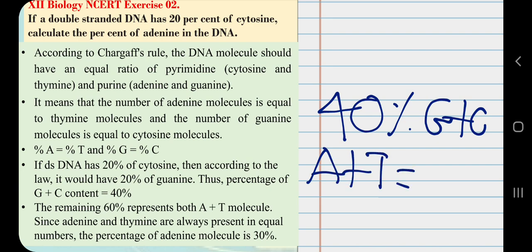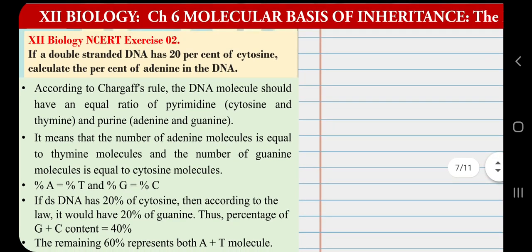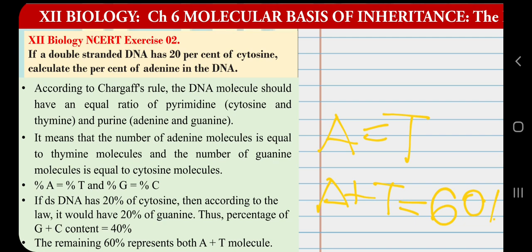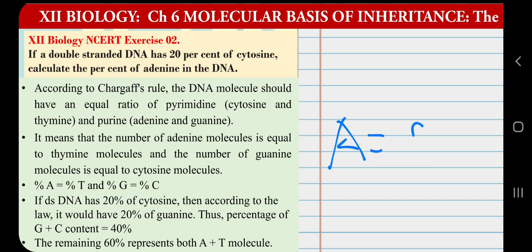It will be 60%, because there are only 4 nucleotides in the DNA molecule, and from Chargaff's rule we know that A is equal to T. So if A plus T is equal to 60%, then A will be 30%, very simply 60 divided by 2.